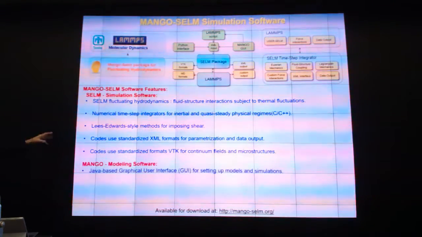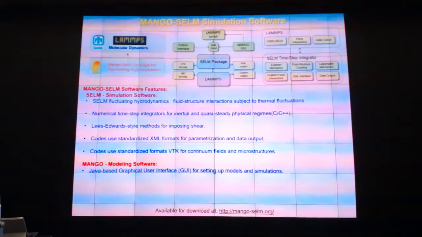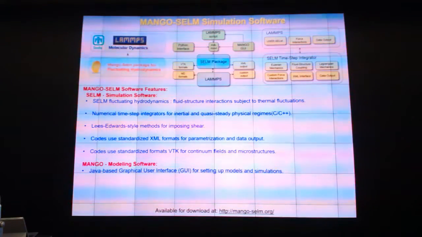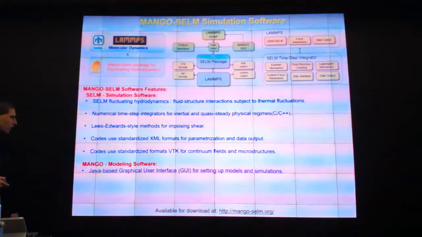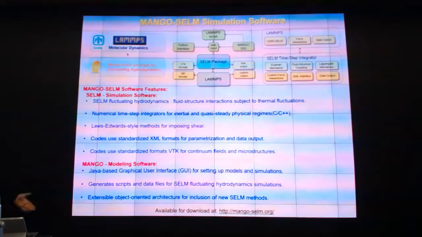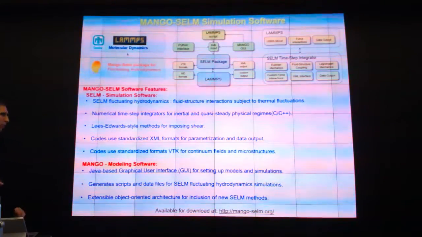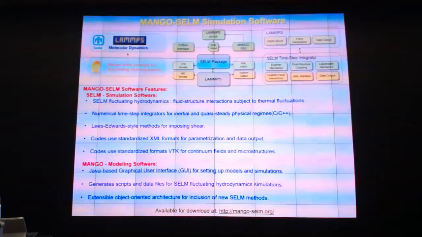I already mentioned that the codes have been developed to output standardized formats, so it's easy to do a lot of the post-processing of the simulations. Mango is a Java-based graphical user interface for setting up the models, which I'll mention in a moment. It's good for generating scripts and data files, at least when you're getting comfortable with our paradigm and our codes.